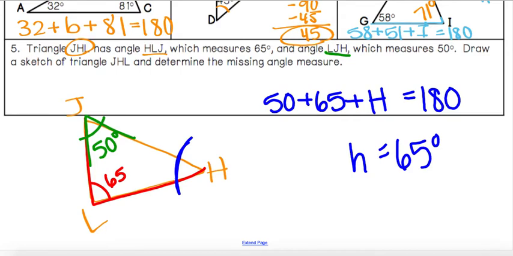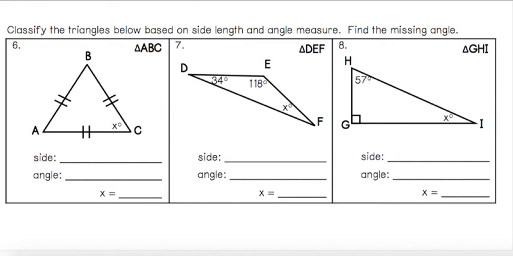Great. Again, how I did that is I combined these to be 115 plus H equals 180, and then I would subtract 115 on both sides. Okay, this is our last little bit, and then we'll be done.